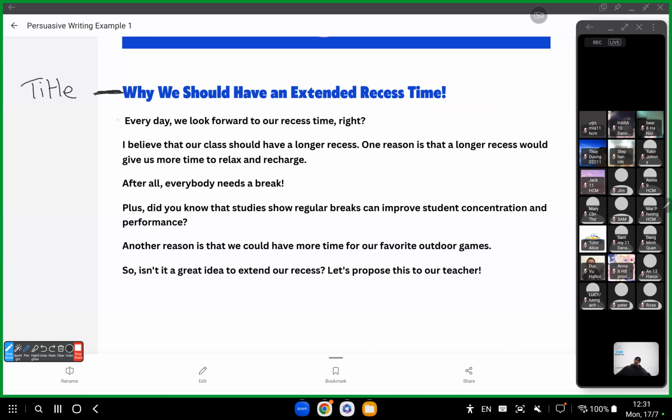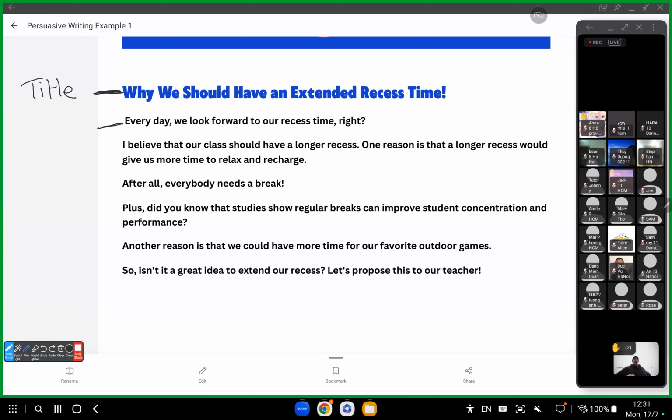And what about this? Does anybody know what this is? Another one of our trick questions. Anna? I think it is a letter.